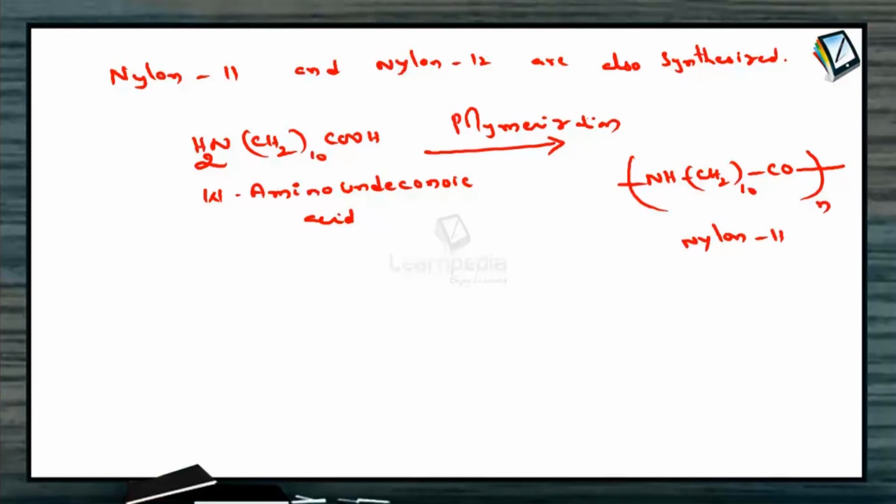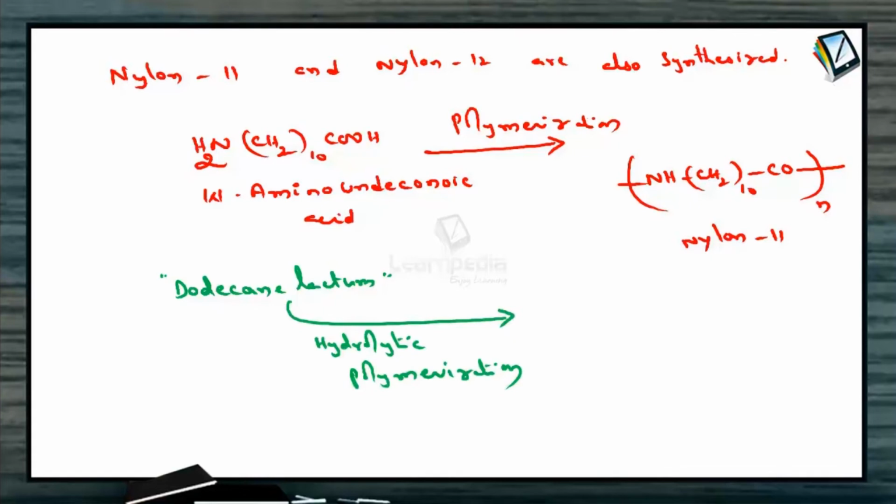Whereas Nylon 12 is obtained by carrying out the hydrolytic polymerization of dodecane lactam. When this dodecane lactam is subjected to hydrolytic polymerization, it results in a polyamide with NH group and (CH2)11 now. Earlier it was (CH2)10. Then this is the CO and extension here, that is n times, which is nothing but Nylon 12.